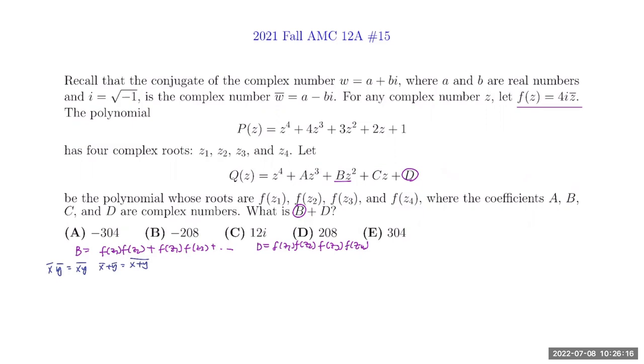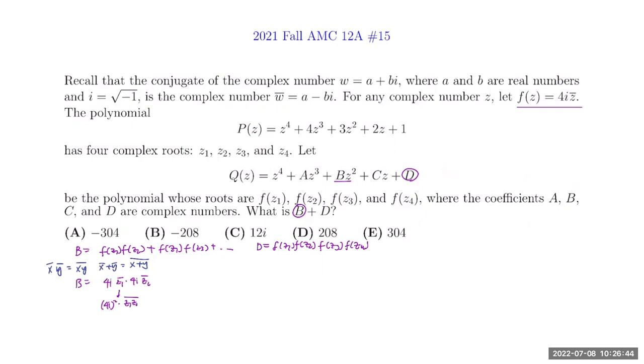First off, let's take a look at b. b is equal to f of z sub 1 times f of z sub 2. That is the same thing as 4i times the conjugate of z sub 1 times 4i times the conjugate of z sub 2. Simplifying this, we get 4i squared times the conjugate of z sub 1 times z sub 2. Then we can apply this to every other pair.